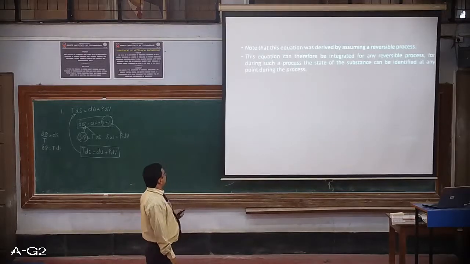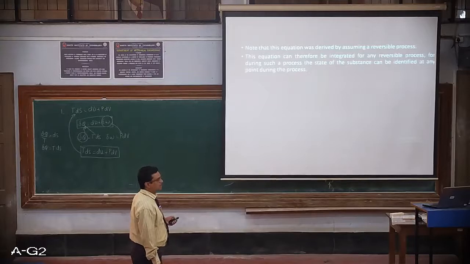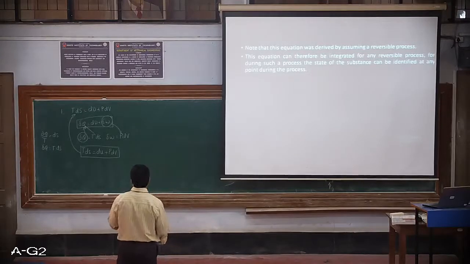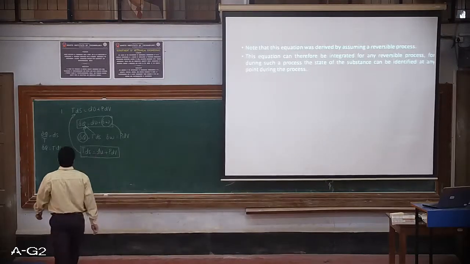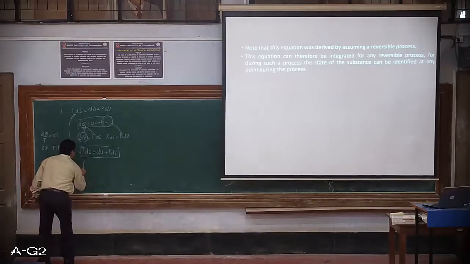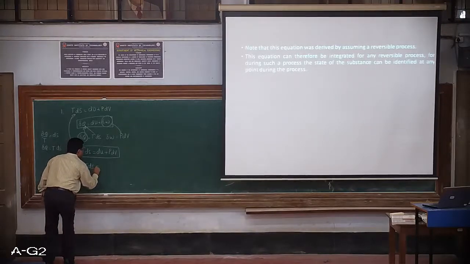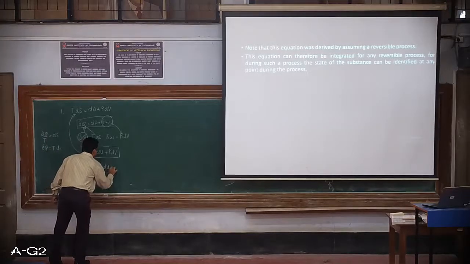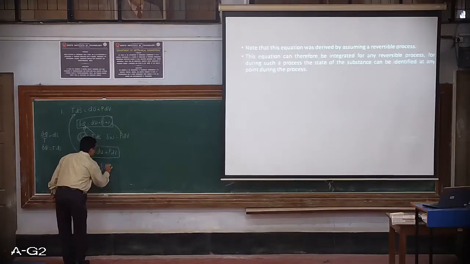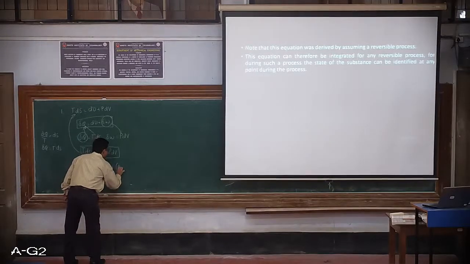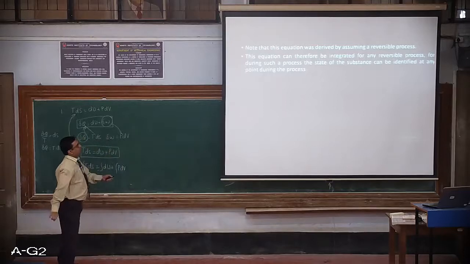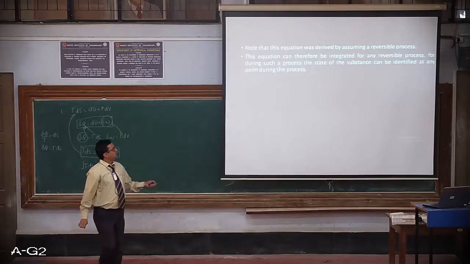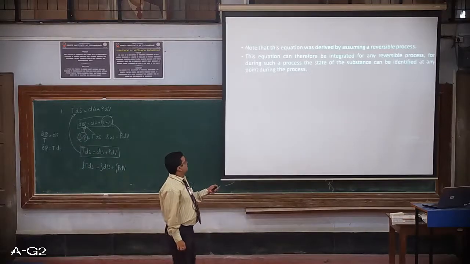This equation can therefore be integrated for any reversible process. Remember that. This expression, whatever we have written here, can be written in integral form: integral TdS is equal to integral dU, okay, dU means d capital U here, not small u, plus integral PdV, provided it is a reversible process.